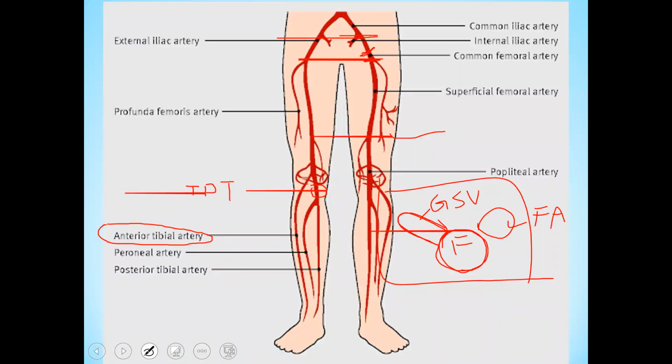While localizing this great saphenous vein, first of all, you should know about the competency of the great saphenous vein at this region, which is called the saphenofemoral junction. This junction is almost guarded by a bicuspid valve, and the flaps of the valve are directed towards the common femoral vein.